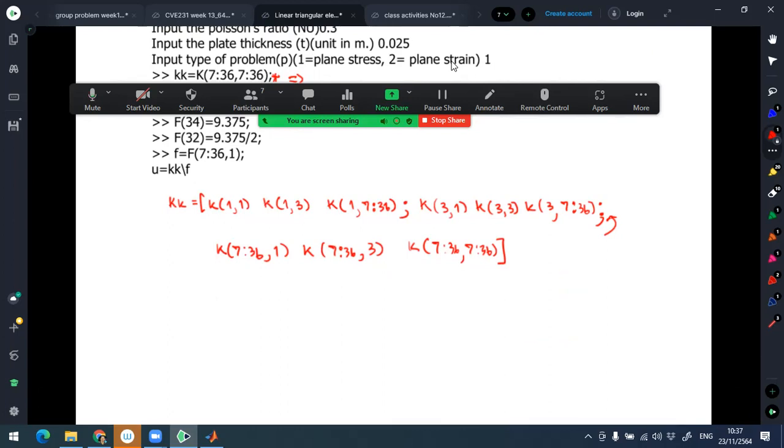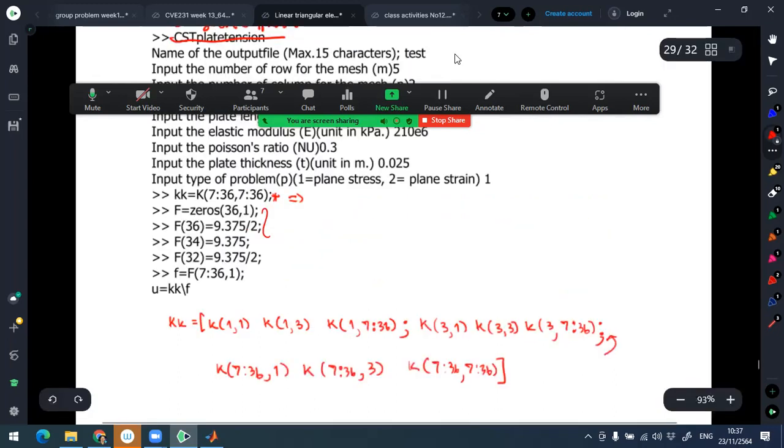Okay, and then we apply the force vector. It should be the same, right? We can follow the step.